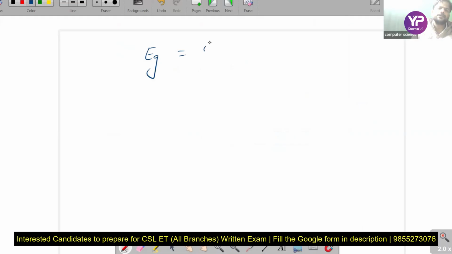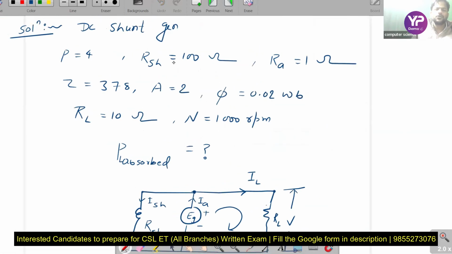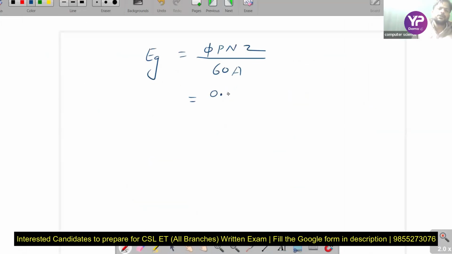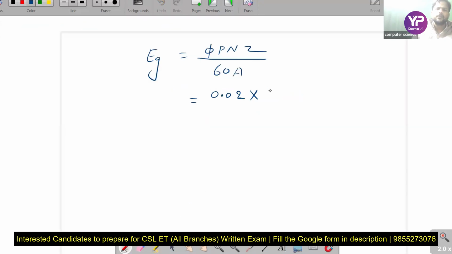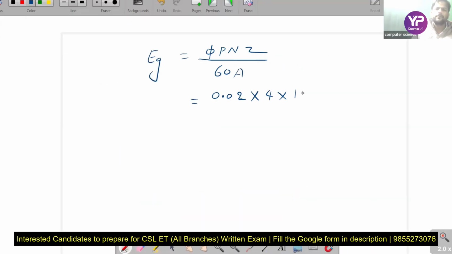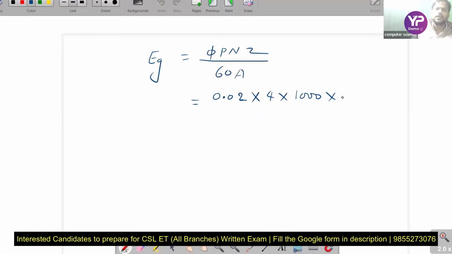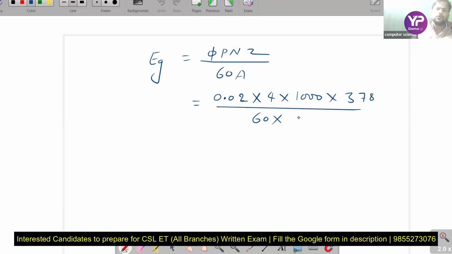Here E_G is equal to phi P N Z upon 60 A. Here phi is flux and its value is 0.02, the number of poles is equal to 4, the speed of rotation is 1000, and the number of conductors is 378, upon 60 times the number of parallel paths, which is equal to 2.